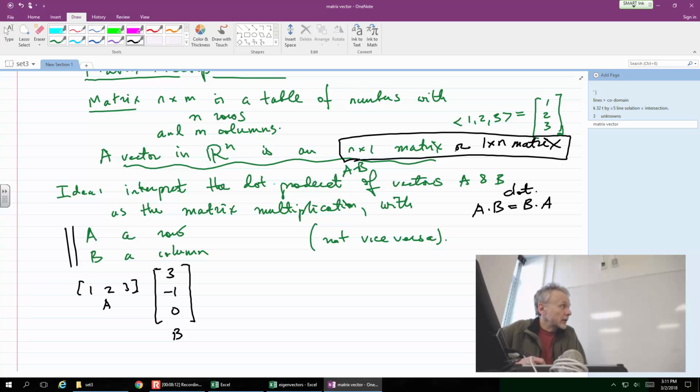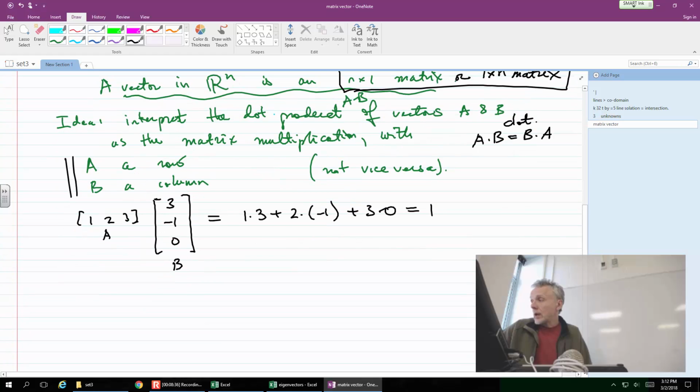The first vector 1, 2, 3 is put as a row, and the second one is a column. But then after that it's the same. So we're using the dot product: 1 times 3 plus 2 times -1 plus 3 times 0. So the answer is 1. That's the idea that we are using initially.